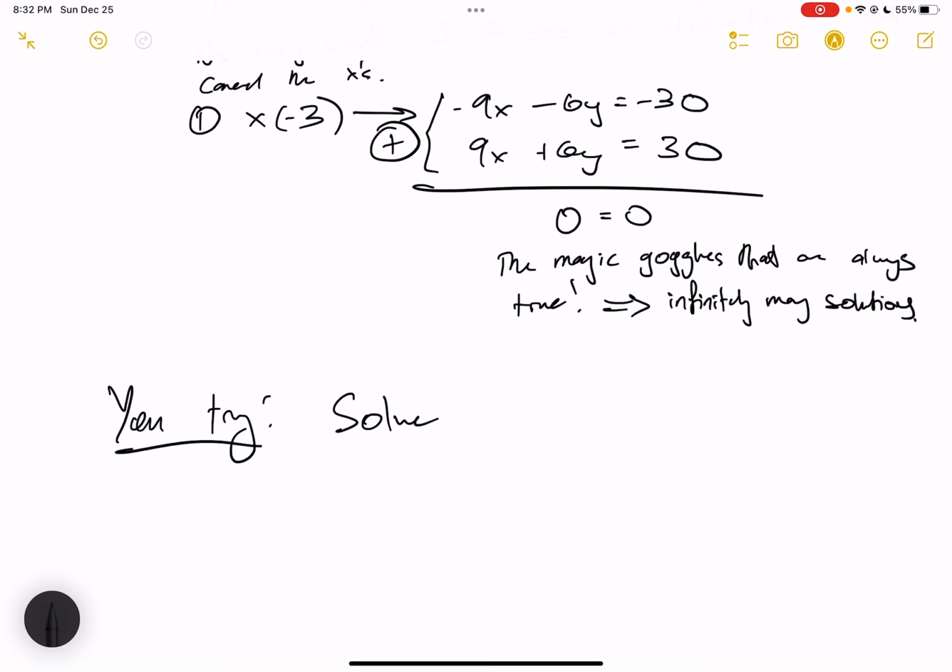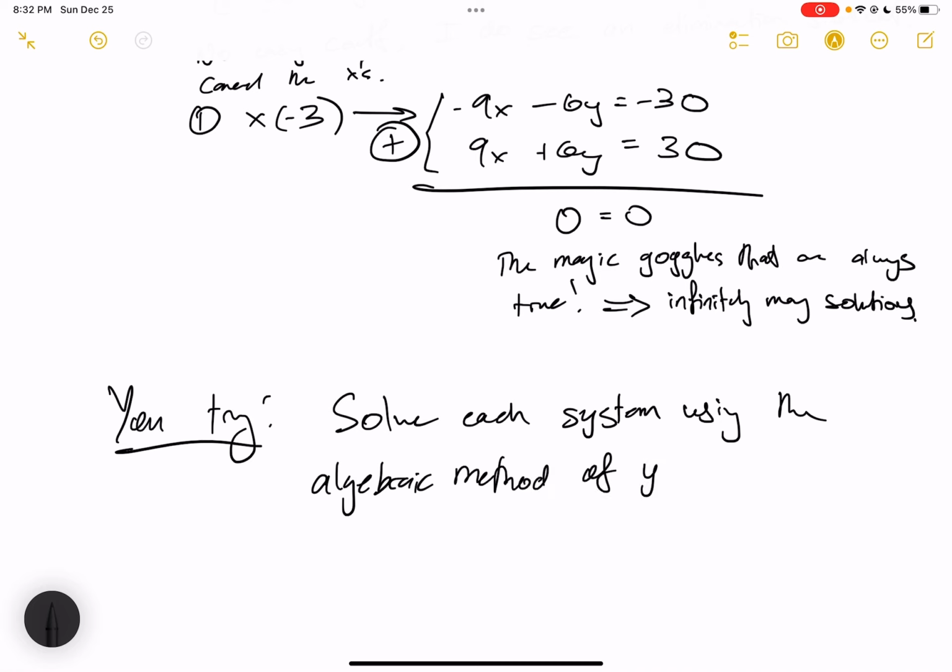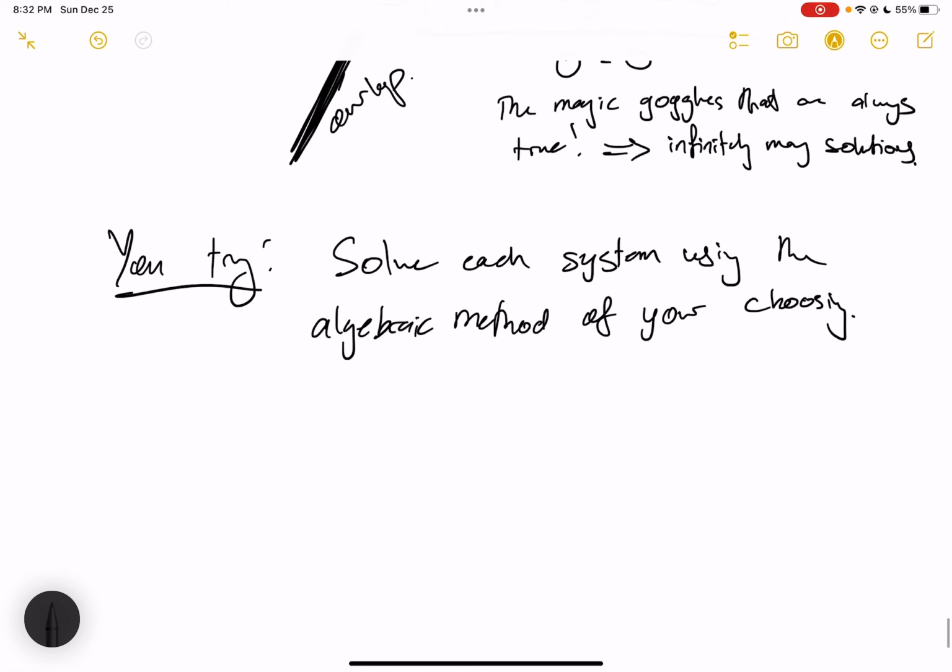Solve each system using the algebraic method of your choosing. Speaking of which, I just want to mention right here, recall, when you have infinitely many solutions, that means that the lines overlap. Just as a quick little recall there. I forgot to mention it.